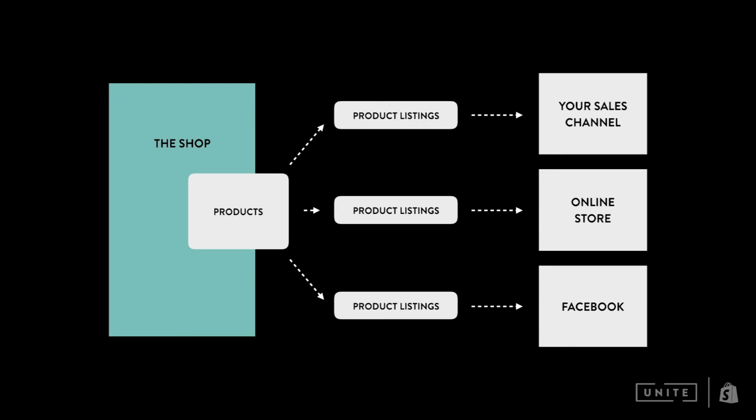It's this connection between the products, the offers that a merchant is making to offer their goods and services for sale, and the fact that those things are then consumed by the channel, and the channel then facilitates sales in their own way.